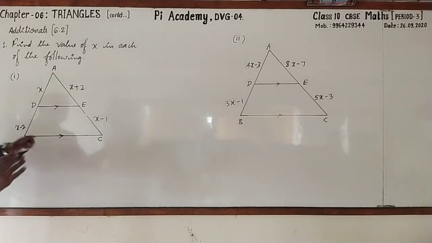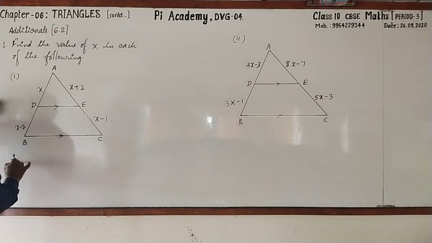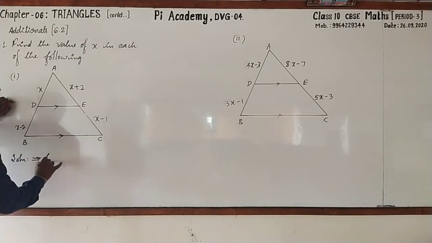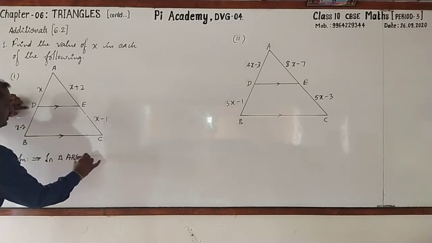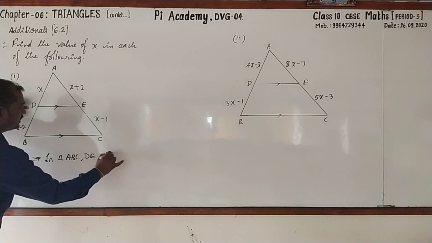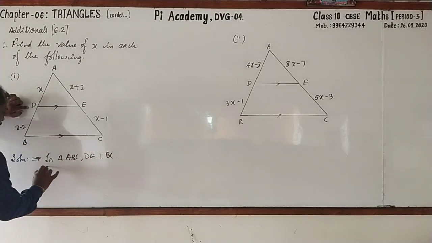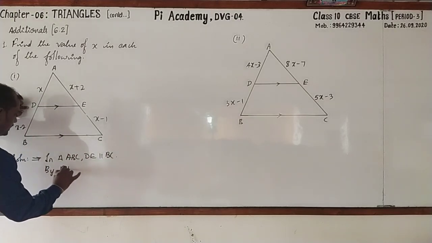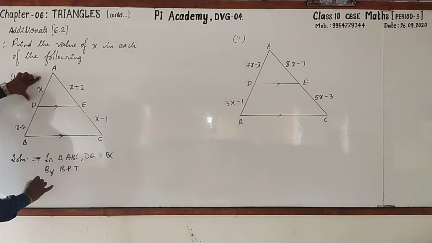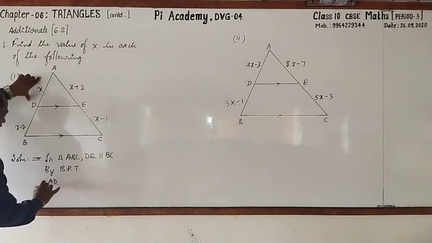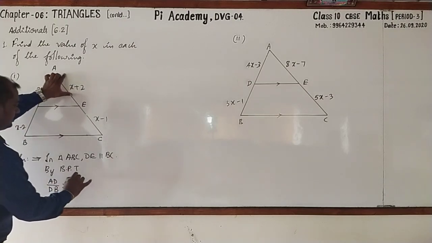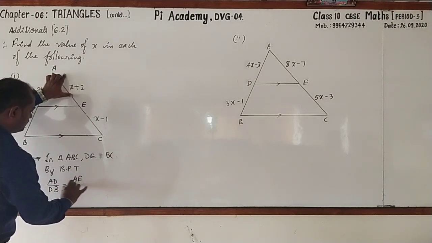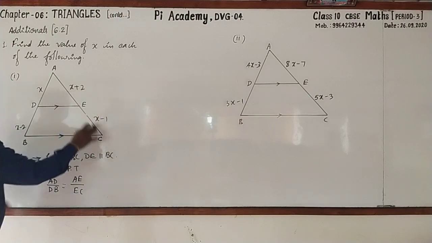After that, start writing them. Solution: in triangle ABC, DE parallel to BC. So by using the basic proportionality theorem, we can write AD by DB is equal to AE by EC.